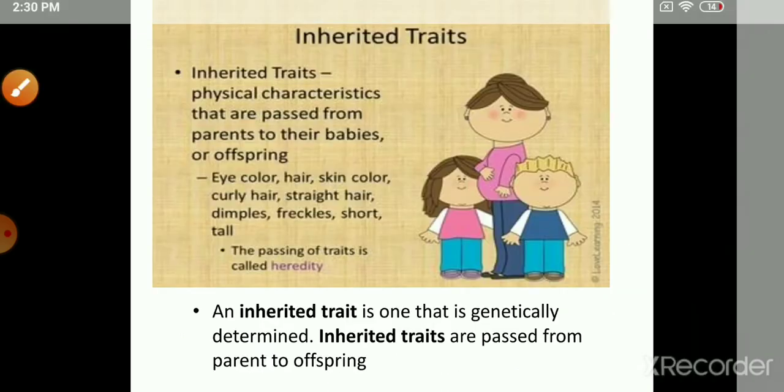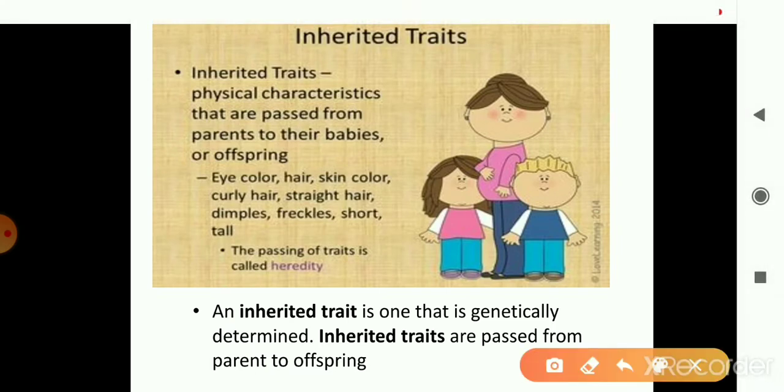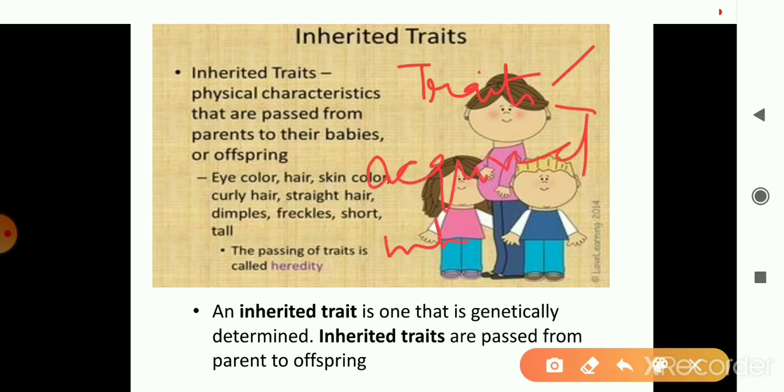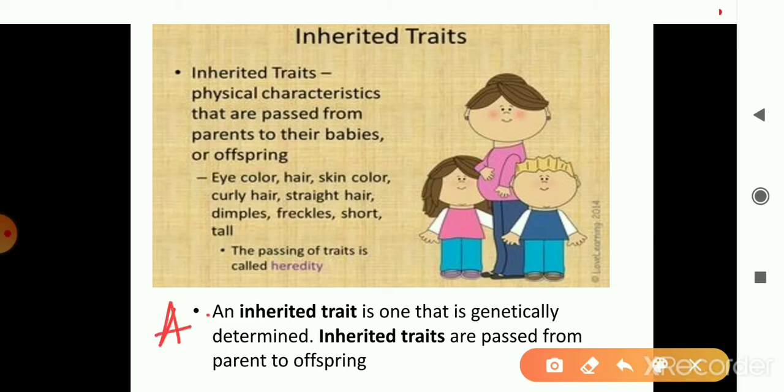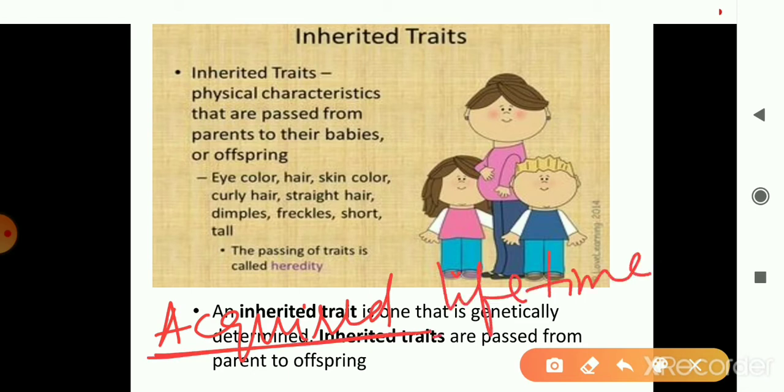Okay, now when we talk about traits, traits are of two types. You have got acquired traits and inherited traits. So traits can either be acquired or inherited. The acquired traits are the traits which one gets during the lifetime as a result of practice or because of environmental factors.